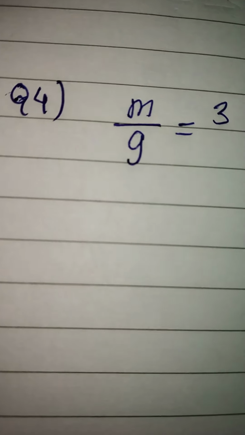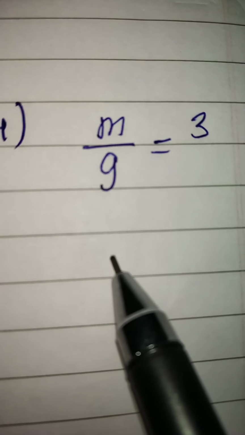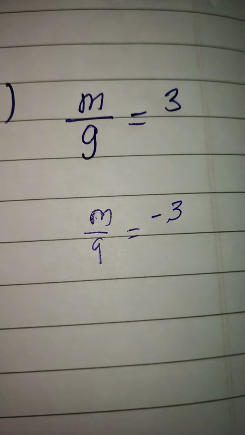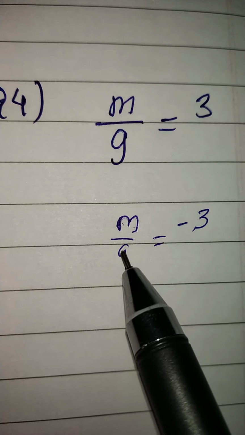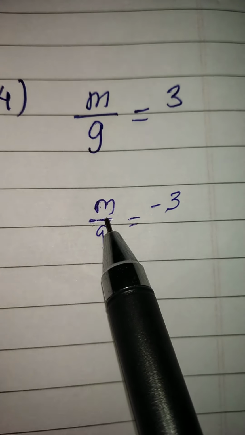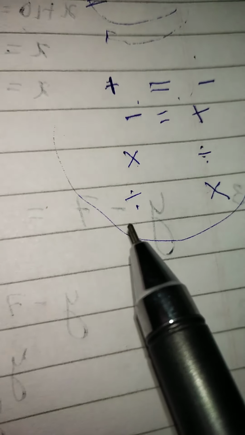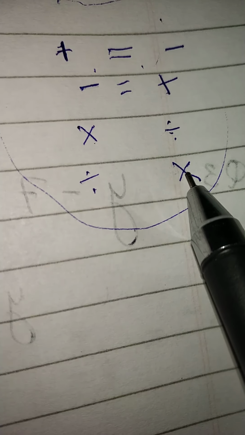Now let's move on to the last equation, that is equation 4. So here we have m by 9 is equal to minus 3. Now see here, the relationship between m and 9 is division. Okay, and we have to take this 9 to the right hand side. So when we take a number with division to the other side, division will change into multiplication.